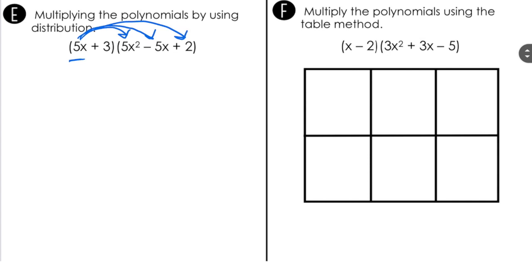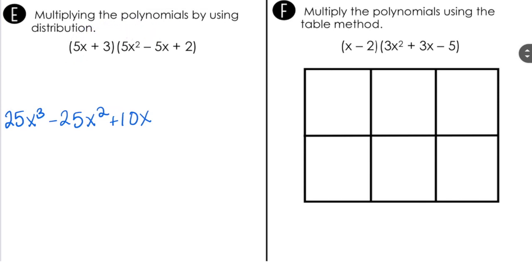inside the trinomial. All right, so we do 5x times 5x squared, which would be 25x to the third power. 5x times negative 5x, which would be negative 25x squared. And then we're going to do 5x times 2, which would be plus 10x. All right, so let's get rid of everything up top there.